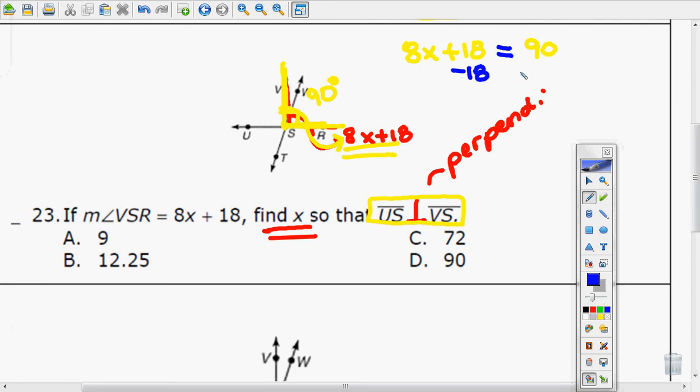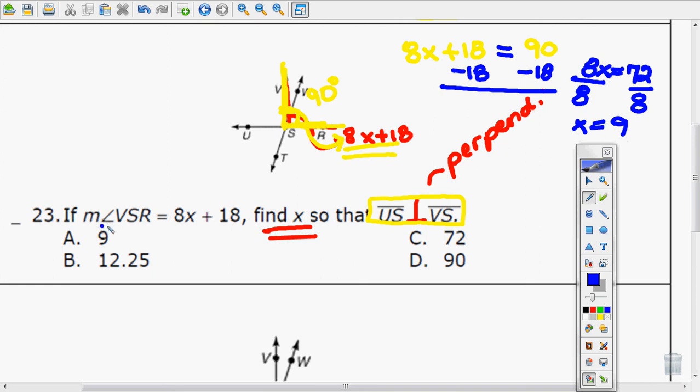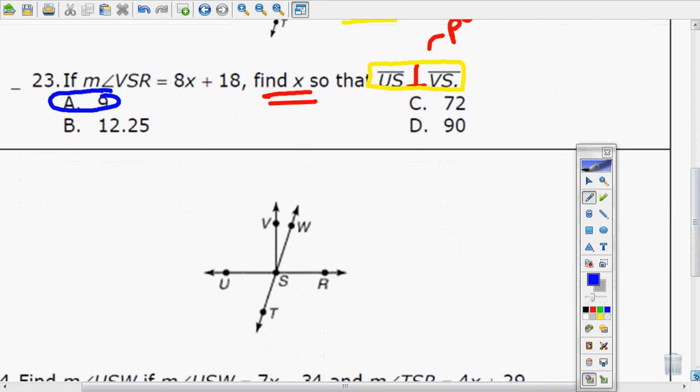Subtract 18 from each side, giving me that 8x equals 72. Hopefully I can divide this correctly. It is kind of late at night. X equals 9. Yay, go Miss Moore. A is 9.